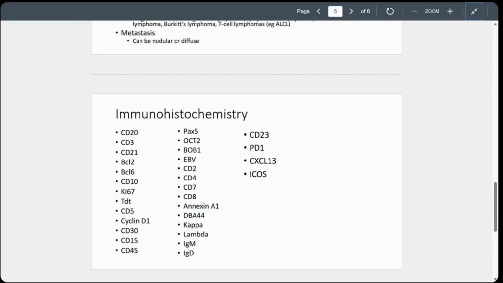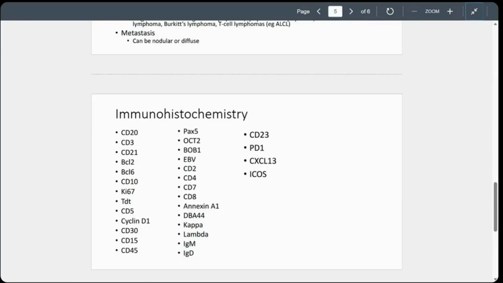In terms of the other markers here, I would say CD10 and BCL2 are particularly useful. CD10 for germinal center phenotype, and BCL2 to distinguish reactive versus neoplastic follicles. Ki67 is a valuable marker, particularly in the high-grade lymphomas, and to distinguish a Burkitt from a high-grade B-cell lymphoma.